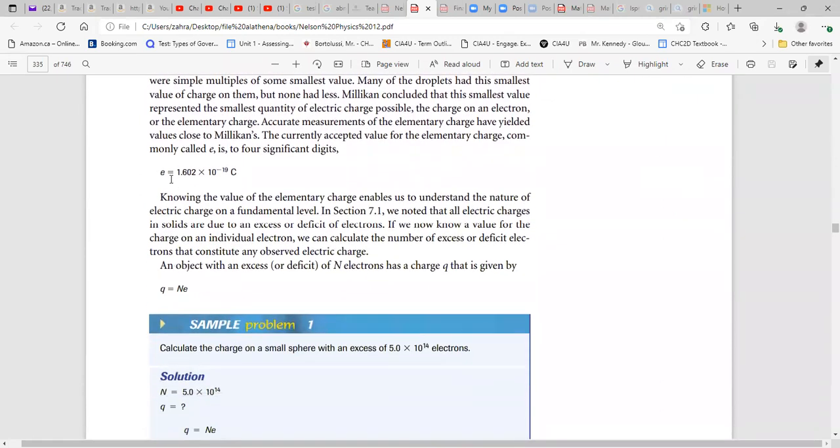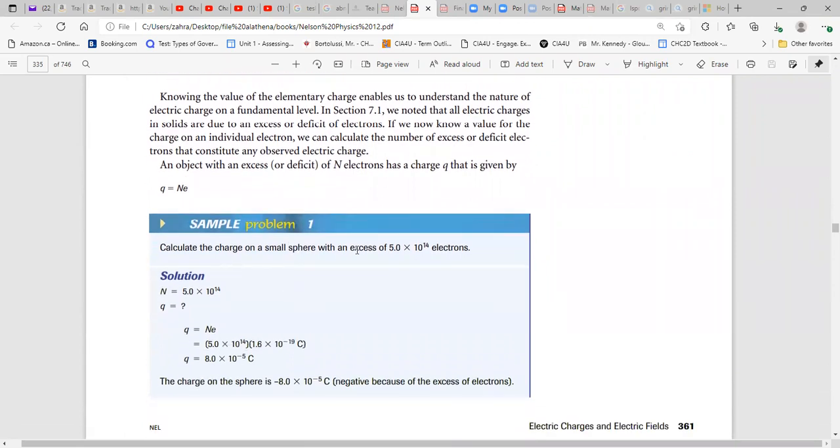This is the charge of one positive charge or electron. So Q is equal to N E. N is the number of charges or electrons, and E is the charge of each electron. The number multiplied by the charge of each electron gives you the net charge.